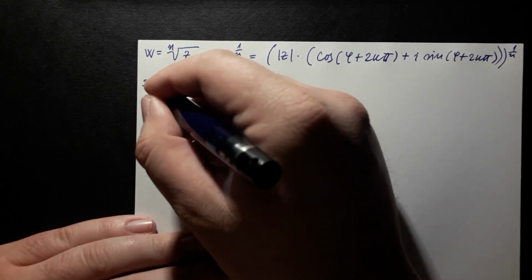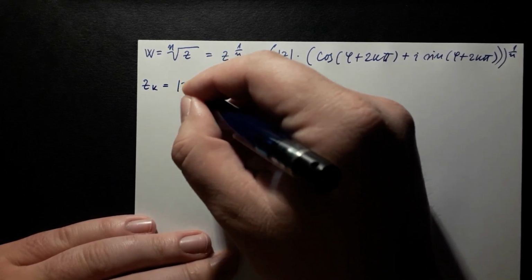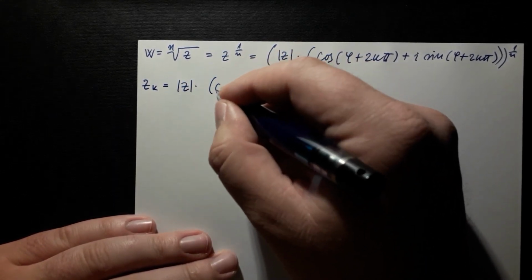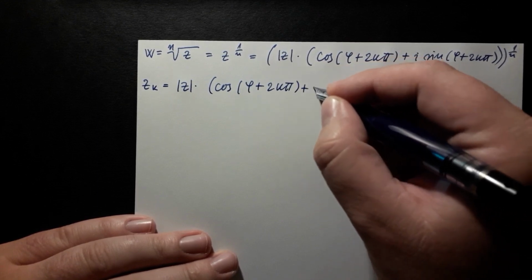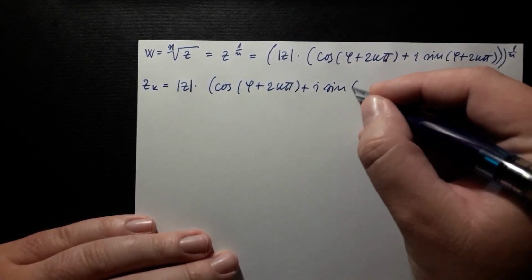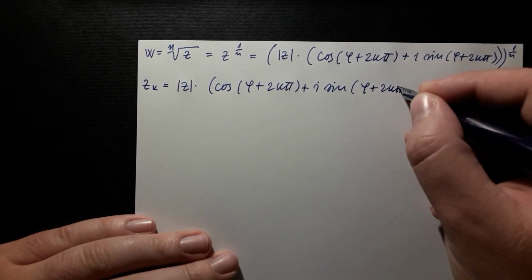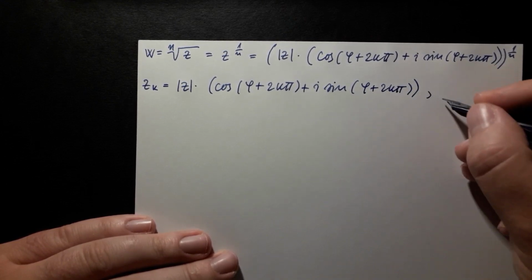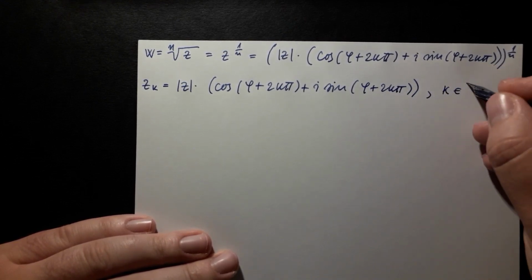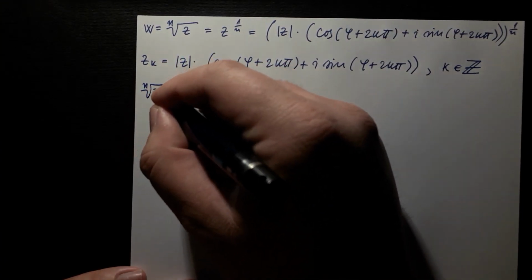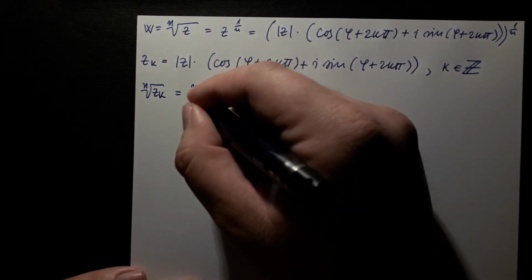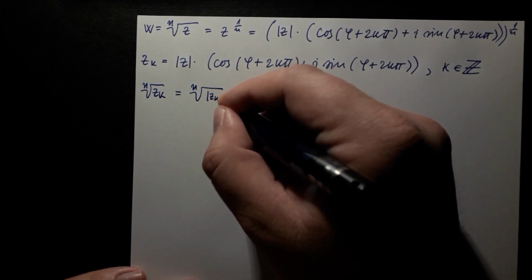Let's say that zk is the number module of z times cosine of phi plus 2kπ plus i sine of phi plus 2kπ, and that is for k, which is a whole number. The nth root of number zk becomes the nth root of module of zk.